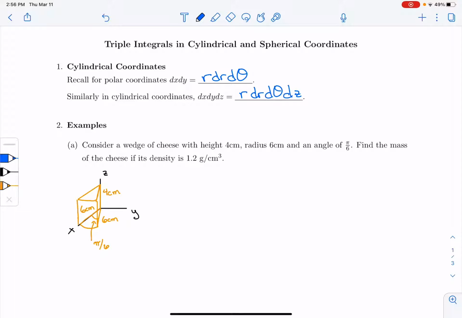And so what I want to do is find the mass of the cheese if its density, which is going to be rho, is 1.2 grams per centimeter cubed. So I want to find the mass.